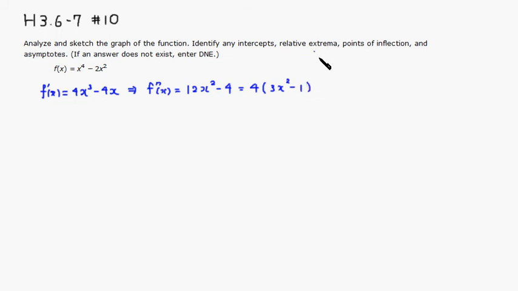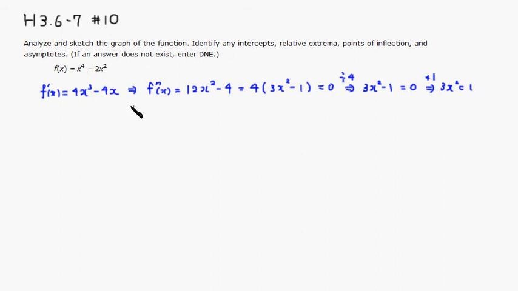Right, if you set this equal to 0, we basically need to solve 3x squared minus 1 equal to 0, right? Then basically dividing by 4, then we add 1 to both sides. So 3x squared is equal to 1, right?